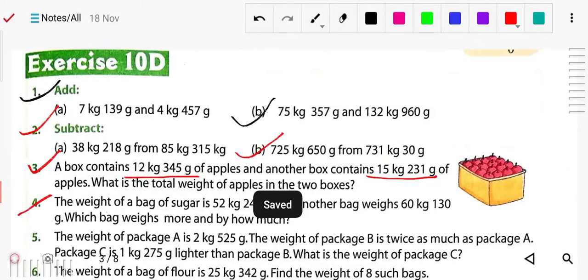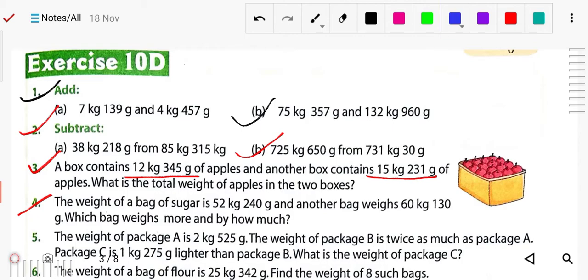So number 4 you can see, the weight of a bag of sugar is 52 kg 240 gram, and another bag is 60 kg 130 gram. Which bag weighs more and why? So first of all you have to write which bag's weight is more.